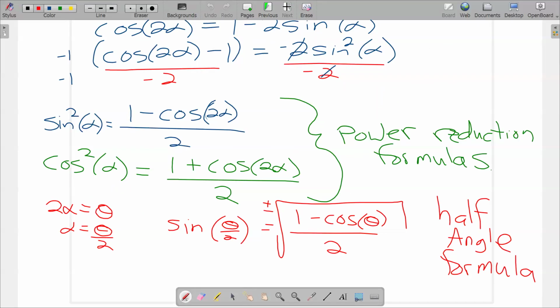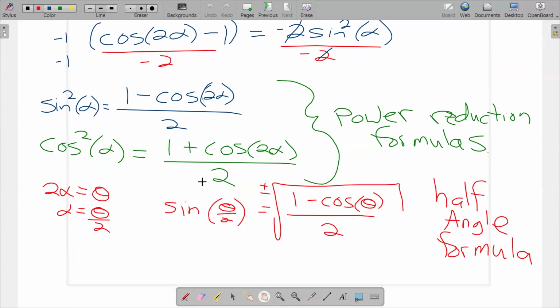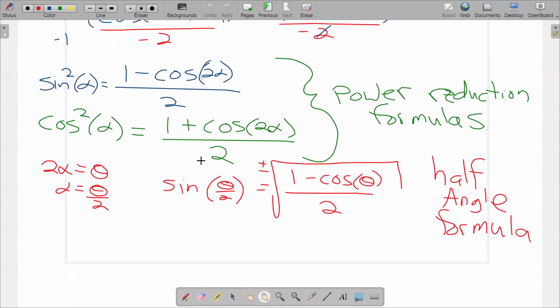All right, so I'm going to write down 2 more formulas and then we're just going to play around with them. So we have the sine half angle. For the cosine half angle, we're just going to swap variables and take the square root.